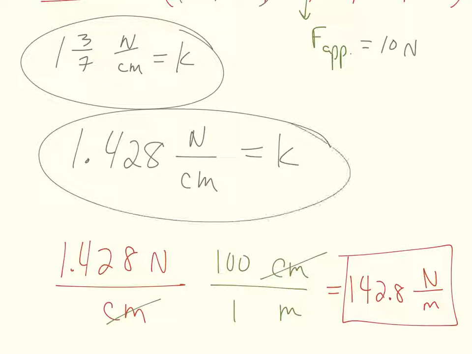A lot of people mixed up their numbers. They converted the other way. Make sense of your answer. It has to take more force to stretch something a full meter than it does to stretch it a centimeter. To stretch this spring a centimeter, it takes only about 1.4 newtons of force.